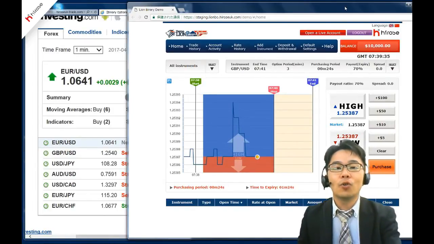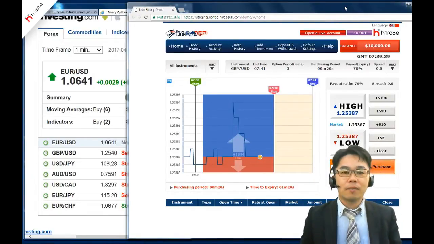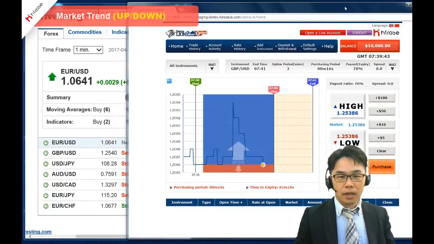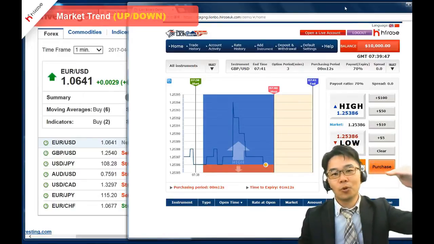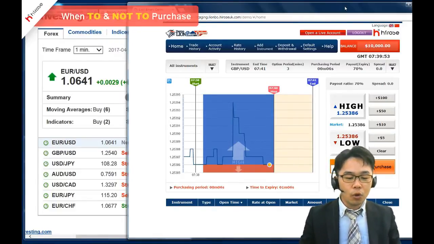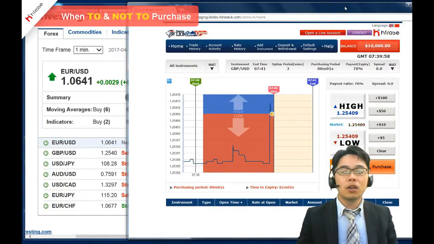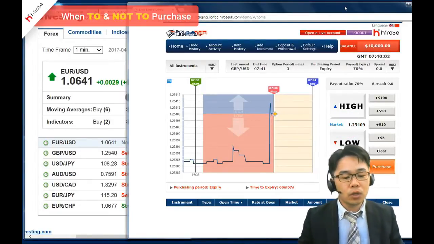The first one is to know the market trend, whether the market is up or down. And the second point is to know when to make a purchase and when not to make a purchase. So only these two important points.